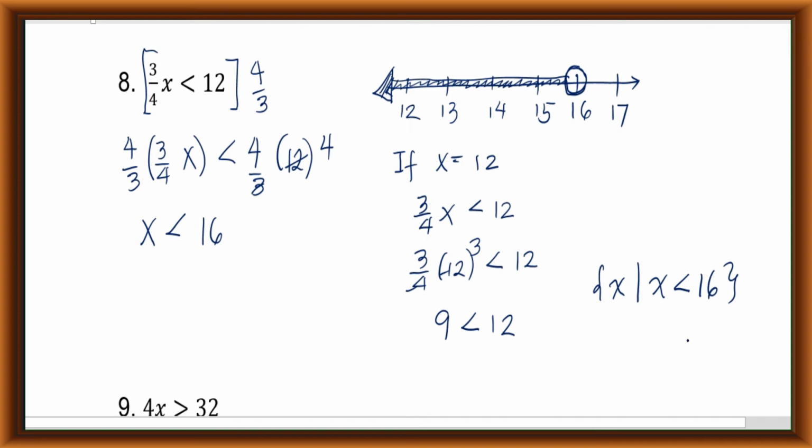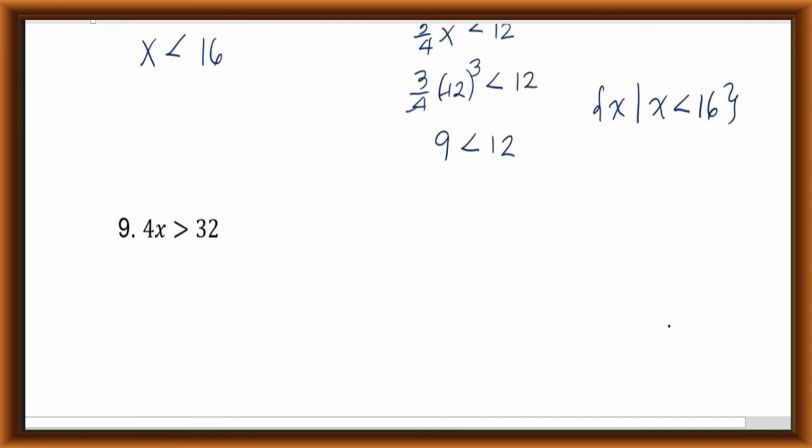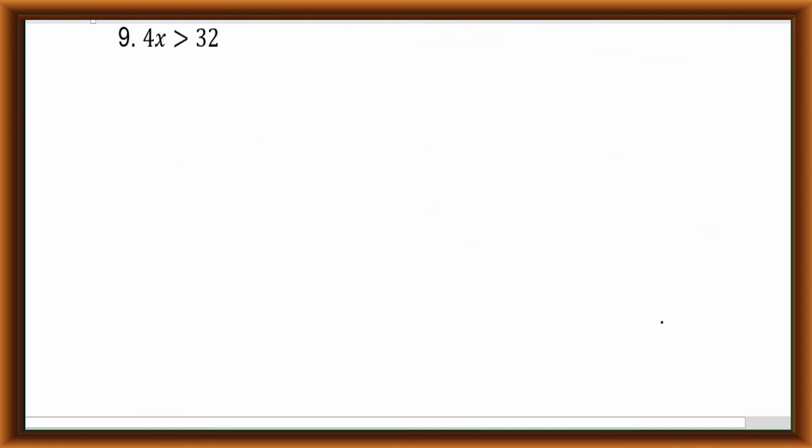Let's move on to item number 9. So we have 4x is greater than 32. So again, we will apply the multiplication property of inequality. By dividing both sides of the inequality by 4, we have x is greater than 8.